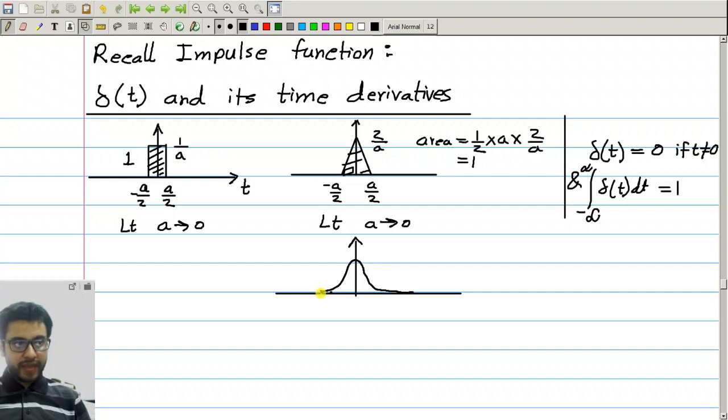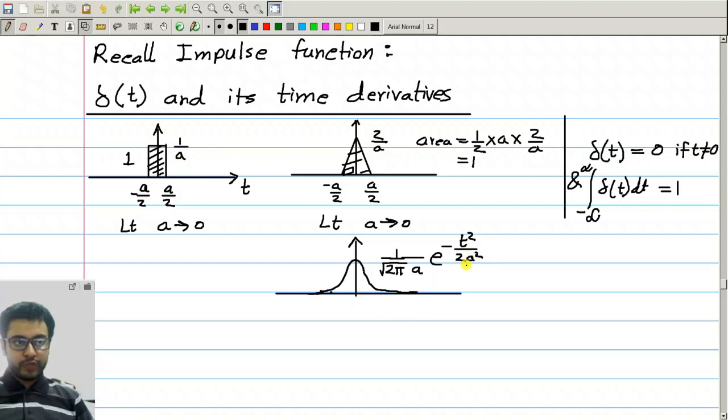It gradually becomes 0 asymptotically, and the functional form of this signal is 1 over root 2 pi a e to the power minus t square by 2 a square.